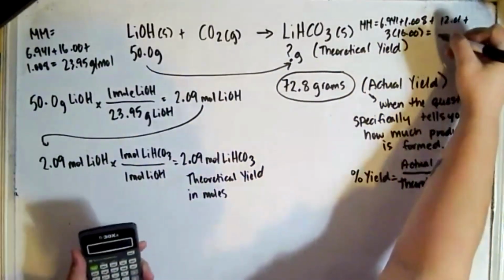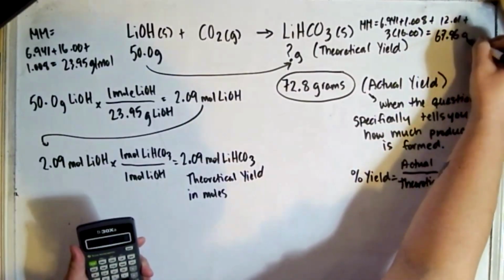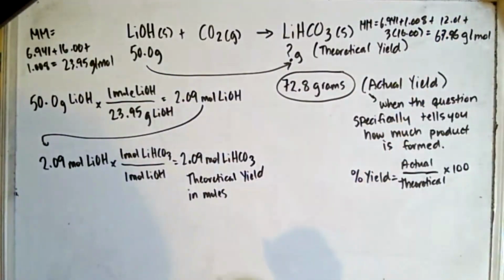All right, so we get 67.96 grams per mole for our lithium hydrogen carbonate.